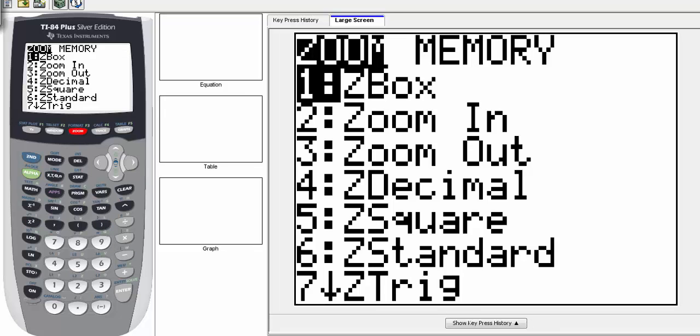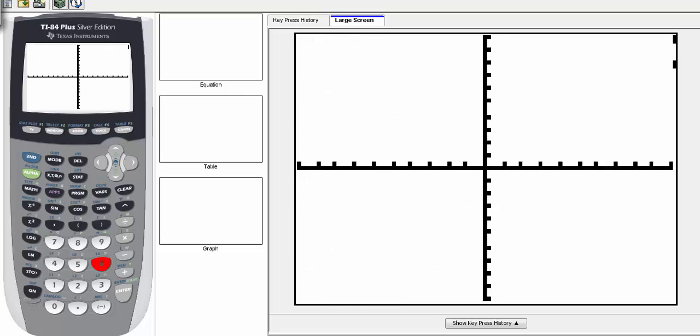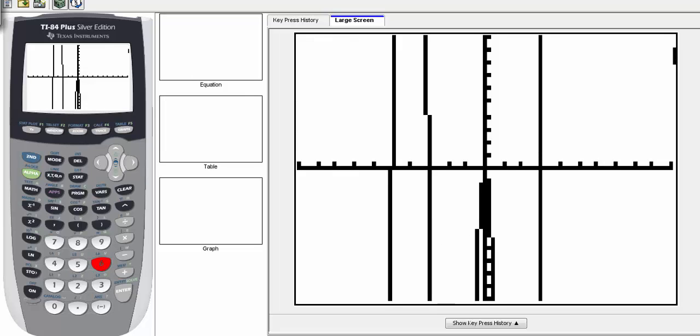And if I go to zoom 6, zoom standard, here's our graph.